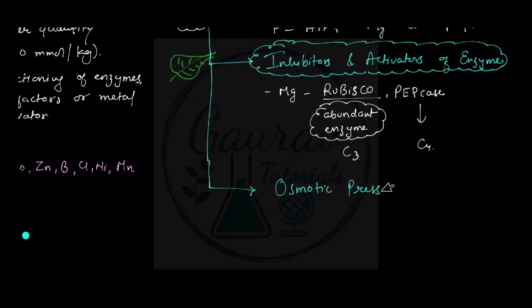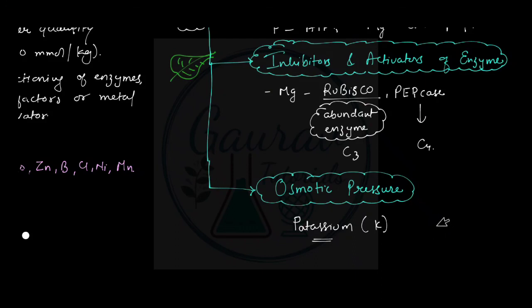When I'm talking about osmotic pressure, I must thank this element called potassium, that is K, for helping my cell maintain its osmotic pressure. Without this osmotic pressure, our cells could burst or they could shrink. So this potassium is really somebody to be thanked for that, and this potassium also helps in maintaining the osmotic pressure so that the opening and closing of stomata could be regulated.